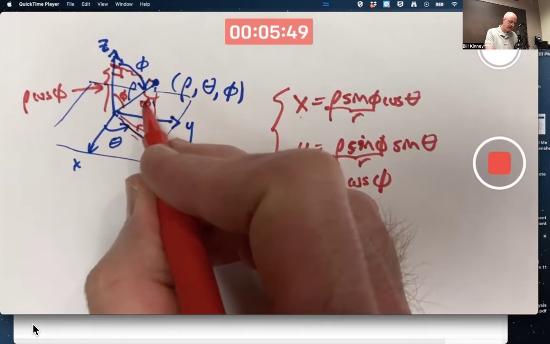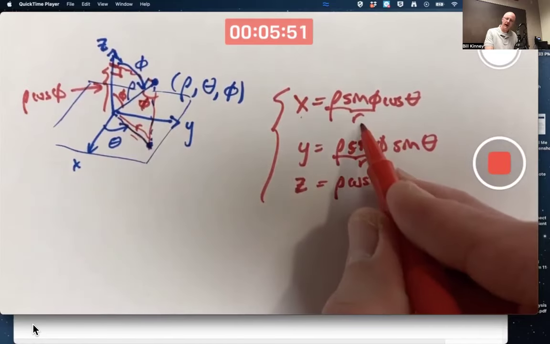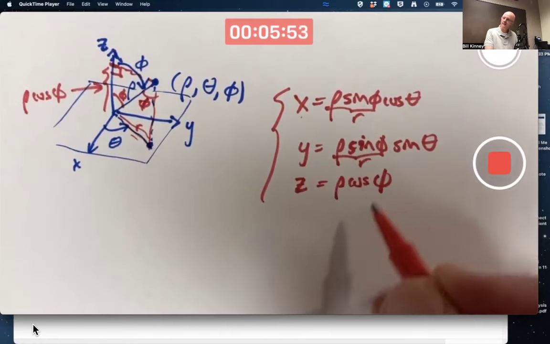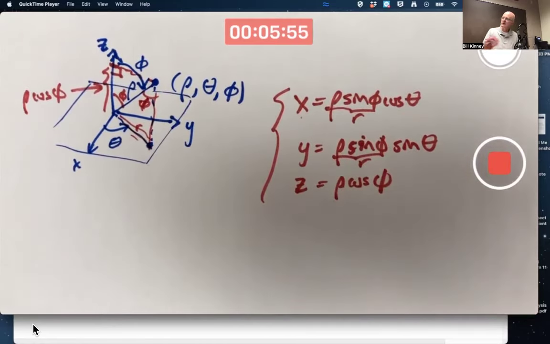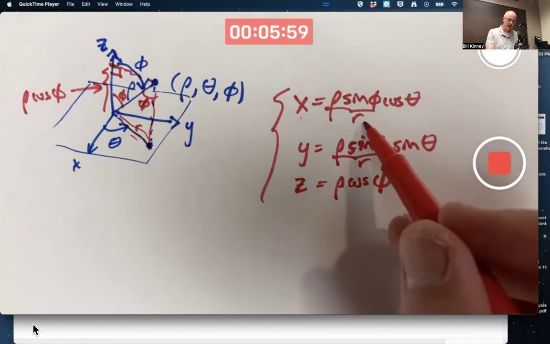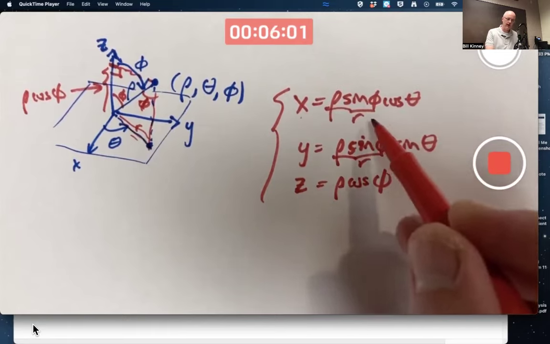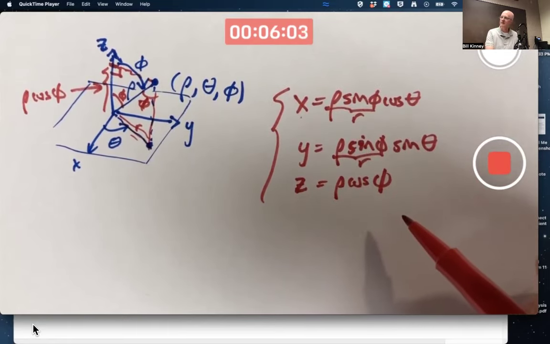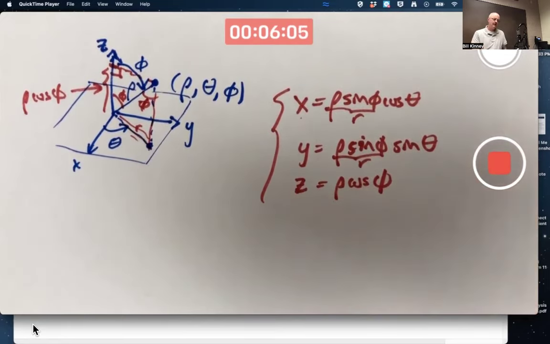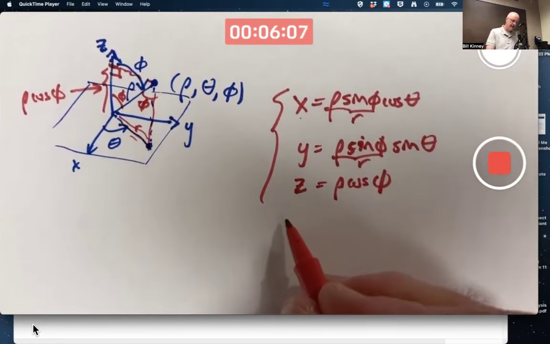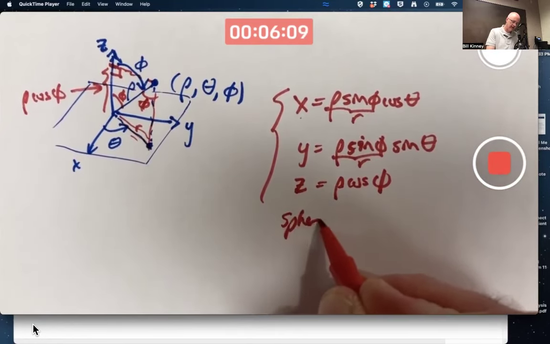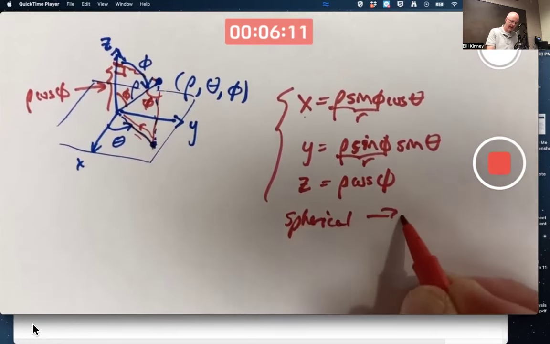That's why r has to be rho sine phi in both cases. So I'm effectively using cylindrical coordinates here to help finish this. This is r cos theta, r sine theta, but r in both cases is rho sine phi. So that's how to convert from spherical to rectangular.